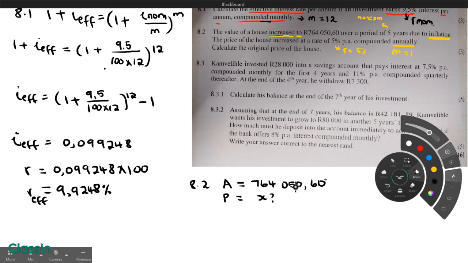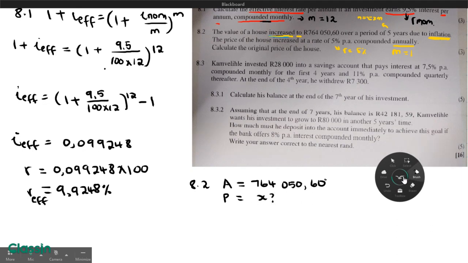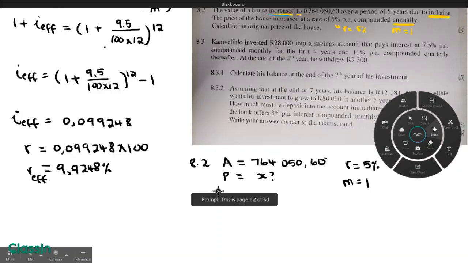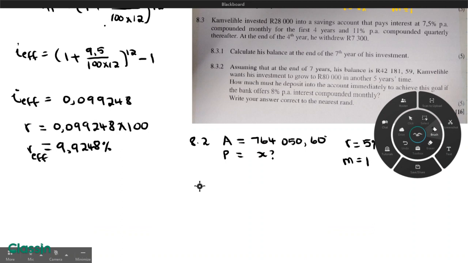I'm just using X, but it does not mean that we are going to calculate the value of X. We also know that the value of R is given as 5% due to inflation, and the value of M equals 1 because this is compounded annually. Now, we still have A equals to P, but because it's compounded, they use the term compounded.